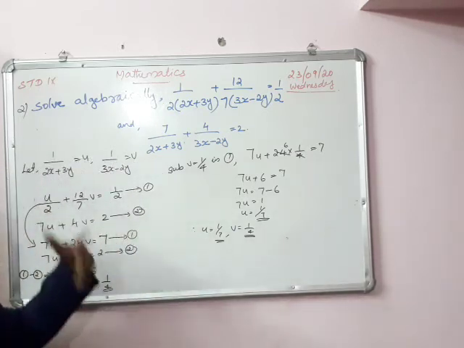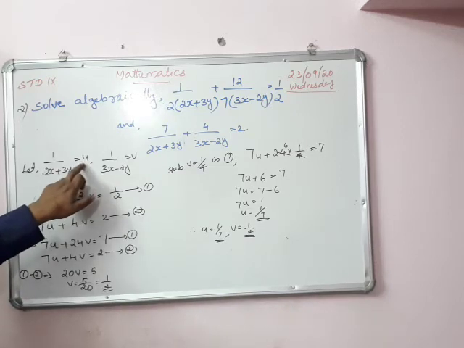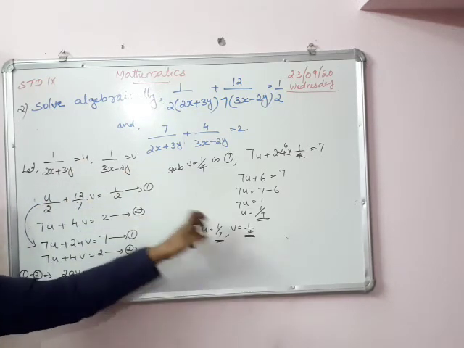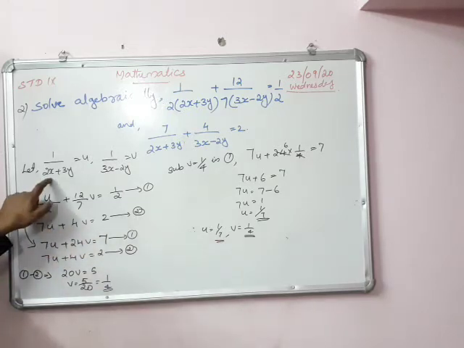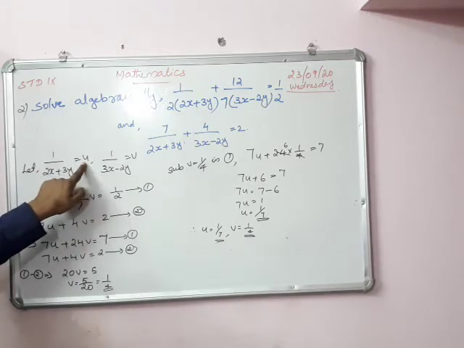Then, as usual, our previous question: u is equal to 1 by 7, v is equal to 1 by 4. We want to find the value of x and y. Therefore instead of u, we can give 1 by 7.